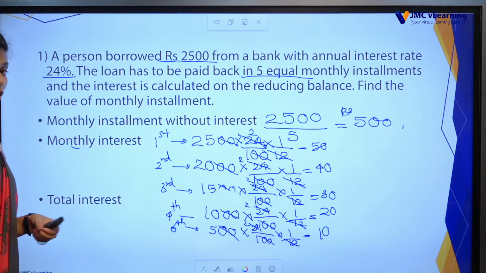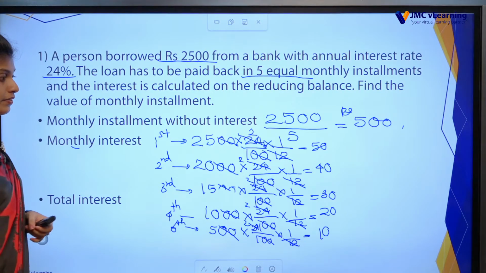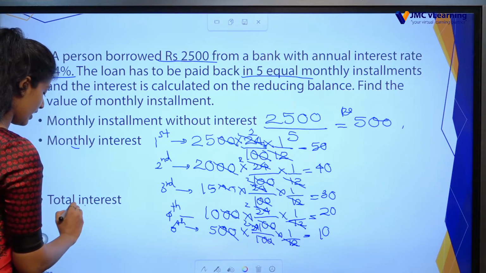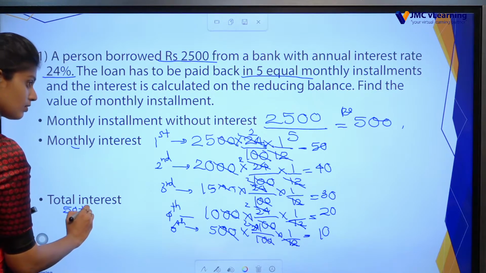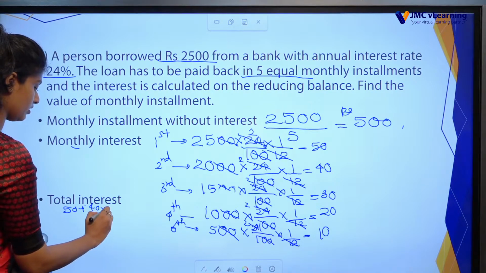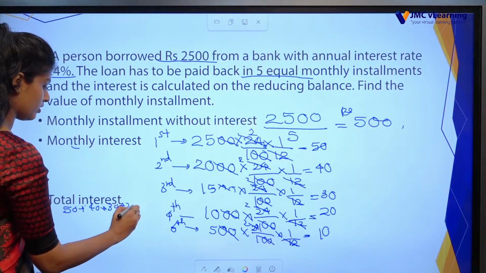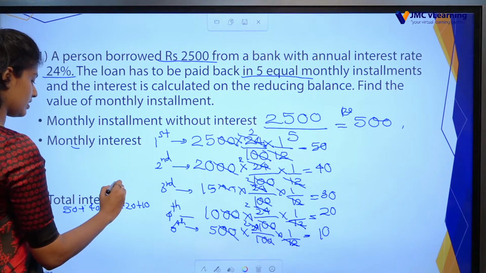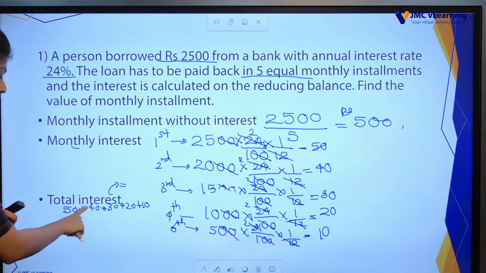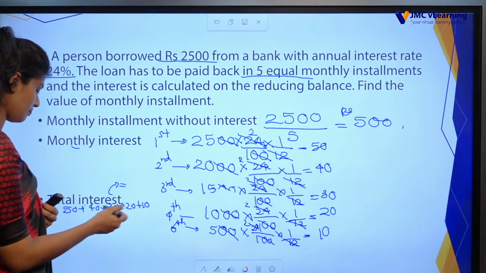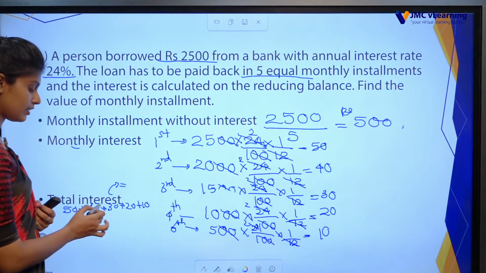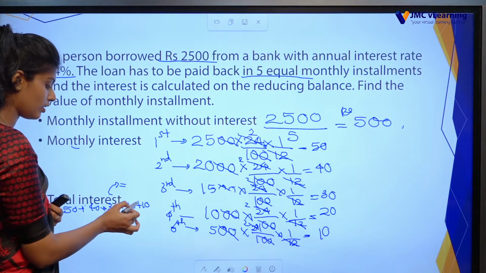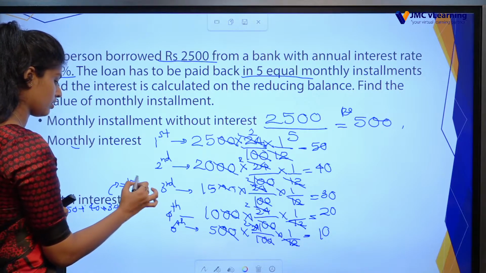Next, you have to take the total interest. To take the total interest, you have to add these all. Here 50 add 40 add 30 add 20 add 10. Then the total interest is equal to 50, 40, 90, 90 add 30, 120, then 20, 140, 150.